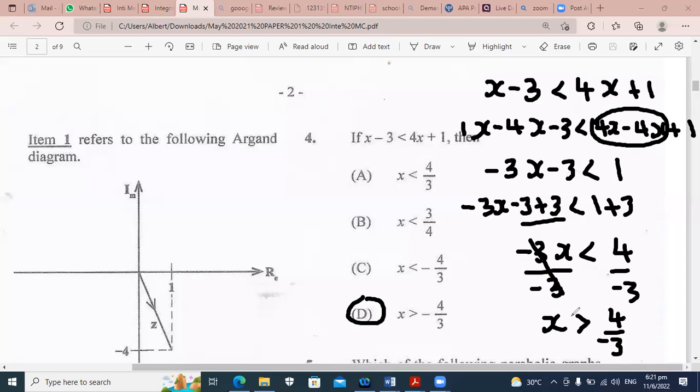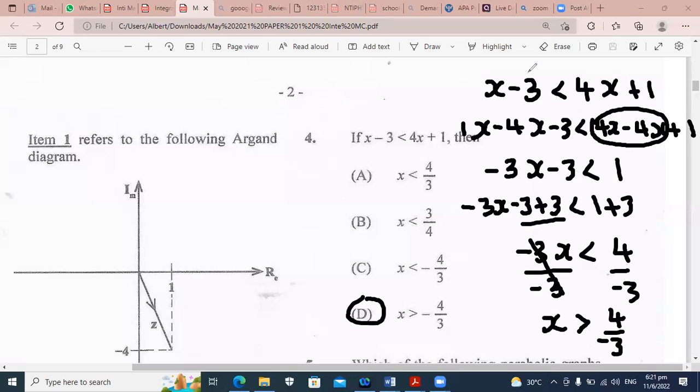Any questions? Keandra? But sir, if we divide by a negative, wouldn't number 4 be A because there was a negative sign? No, but remember the 4 was positive, not true?